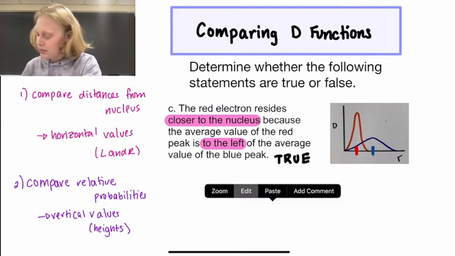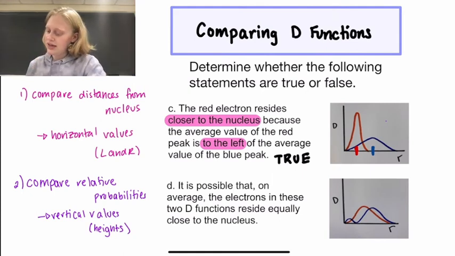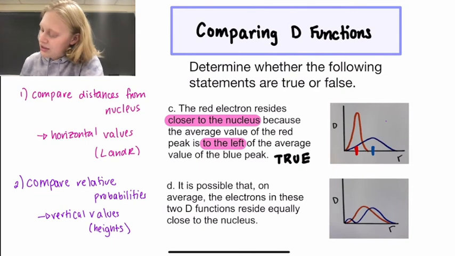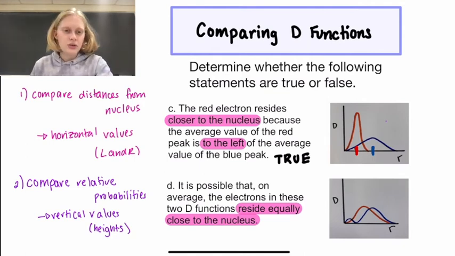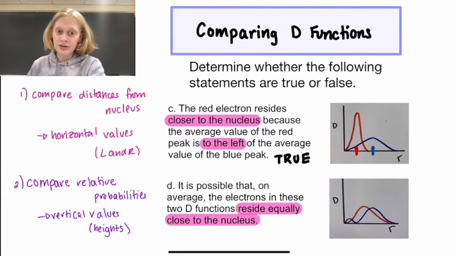Okay, and we have one more. Our last one says it is possible that on average, the electrons in these two d functions reside equally close to the nucleus. This one is a little bit different. It's asking us to compare their average values. I'm going to start with the blue one.